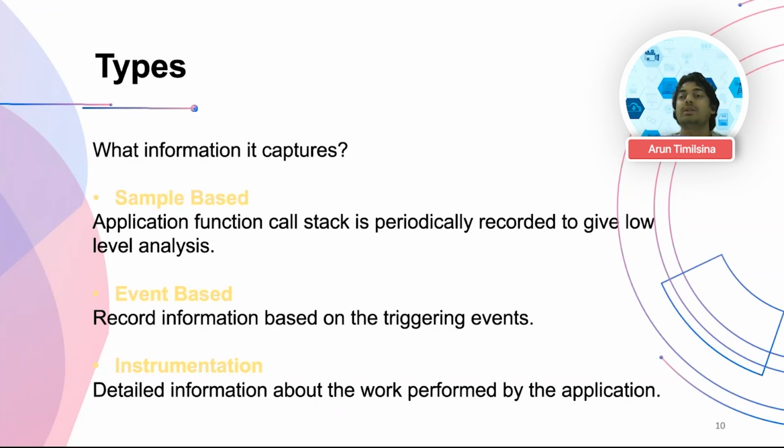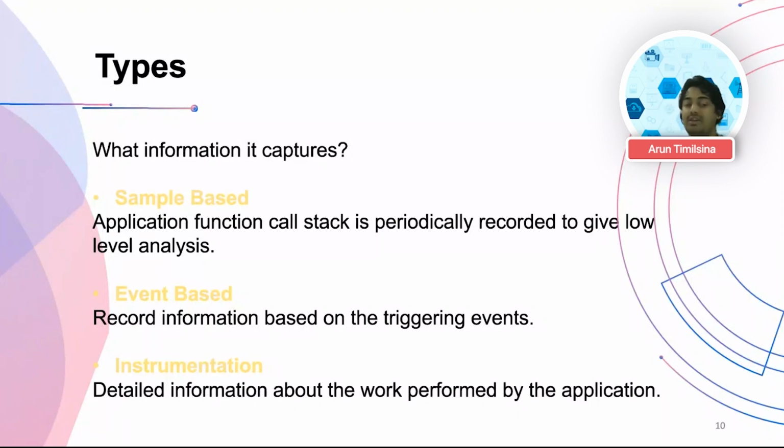And the third one would be the number of requests sent to the database at that particular snapshot. Those are all sample based techniques for how data can be collected or how profiling can be done. This gives a low level analysis. It will not tell us which function was being called in those scenarios. It will just give us a high level overview of how the code is performing. And the next is event based.